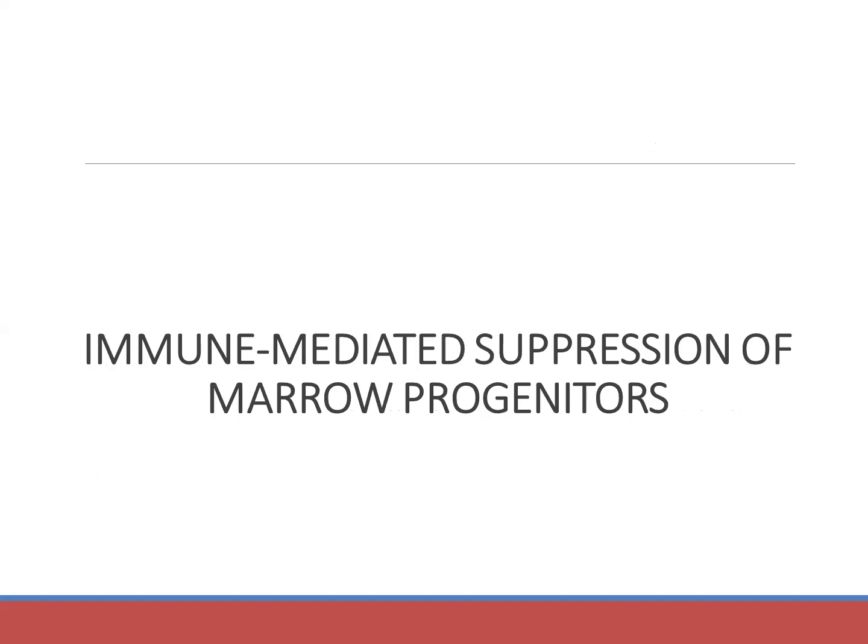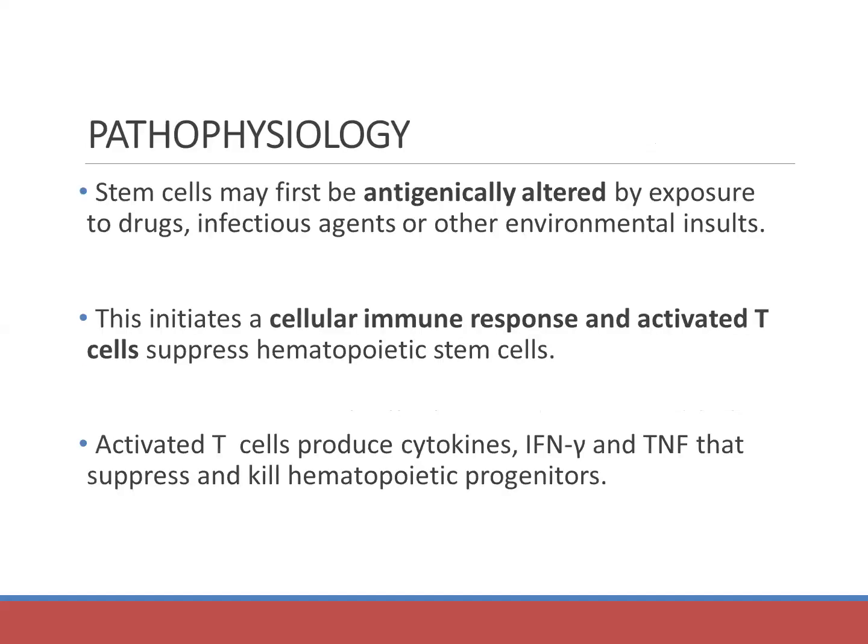Immune-mediated suppression of marrow progenitor or precursor cells happens when the stem cells are antigenically altered or changed by exposure to various drugs, infectious agents, or environmental carcinogens, or environmental insults.